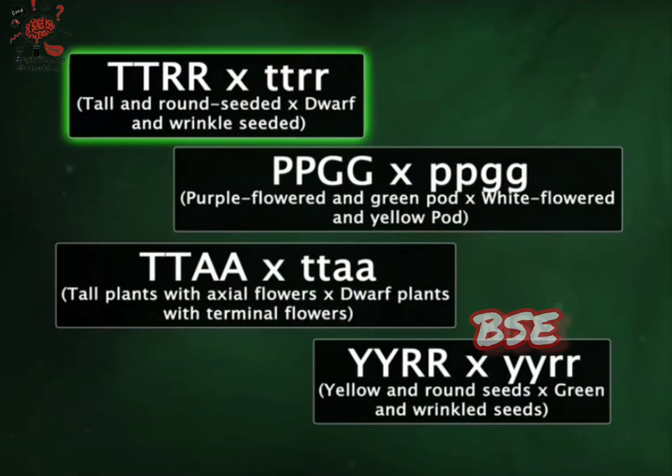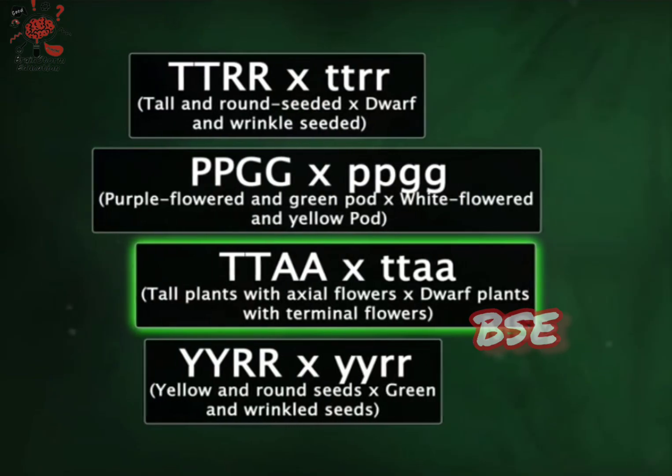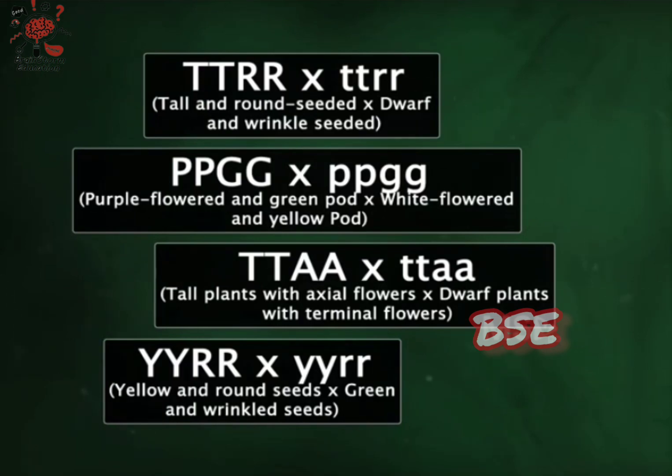Mendel found a similar ratio of 9:3:3:1 for different combinations of the 7 traits that he selected for these breeding experiments.